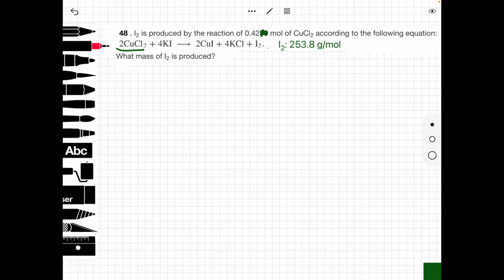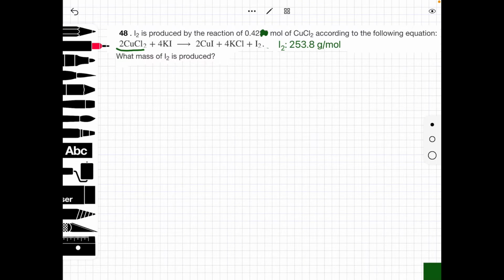So we are going to need the molar mass of iodine that I already have right here, and the balanced chemical equation that we already have. The first thing that we need to do is change from moles of copper 2 chloride into moles of iodine, and then change from the moles of iodine into the mass of iodine.